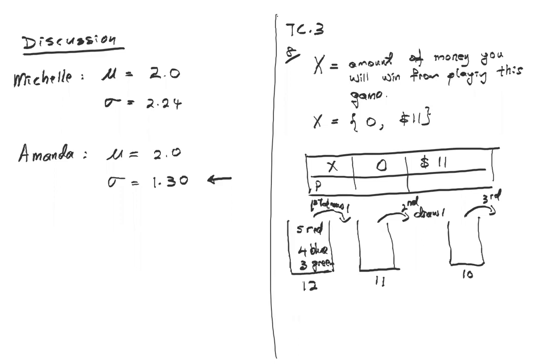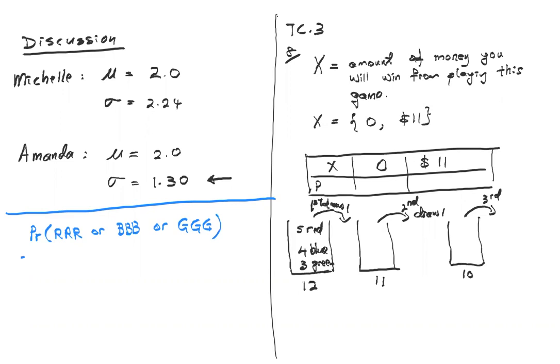If all are of the same color, I can have these possible outcomes: red, red, red, or blue, blue, blue, or green, green, green. So these are the 3 possibilities.